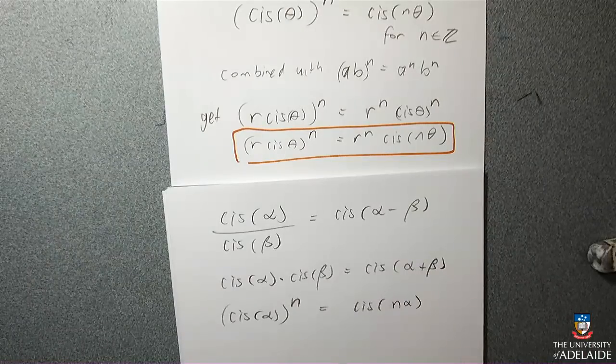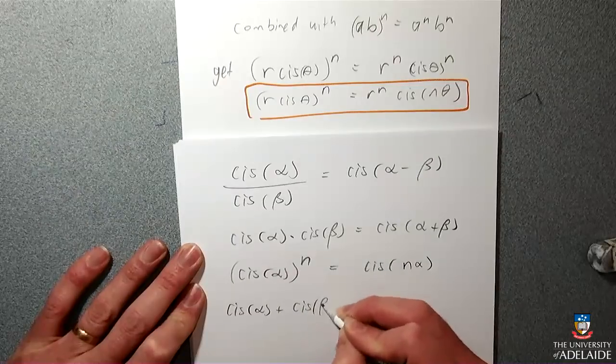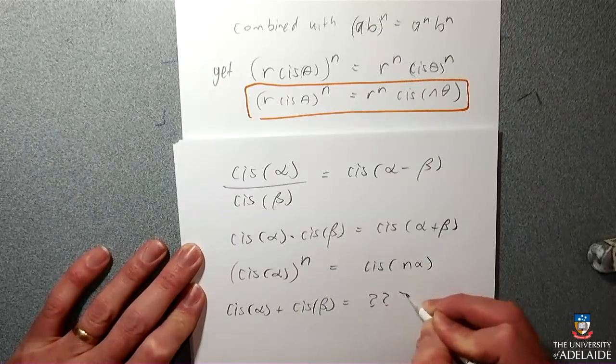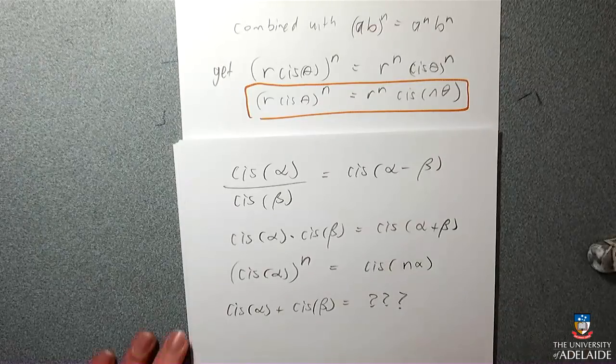Cis does not interact well with plus at all. There is no particular way of adding two numbers that are written as cis. I mean, you can literally draw the vectors and do vector addition, but the only way to deal with addition for complex numbers is to convert them back to Cartesian form.